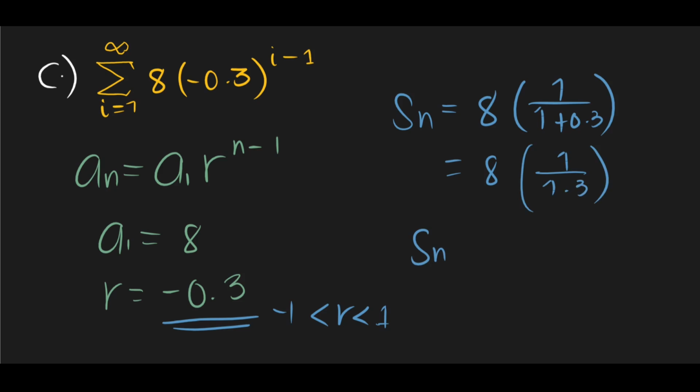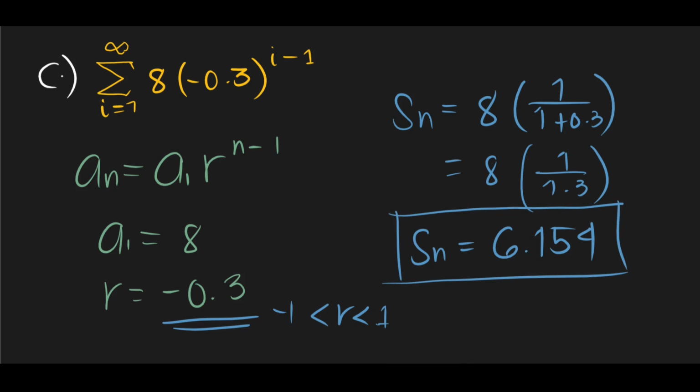If we evaluate that, you will get 6.154. This is the sum of our geometric series. This answer is actually rounded off, so you can use a calculator to see the exact value, or you can convert it into fractional form. You can also do that.